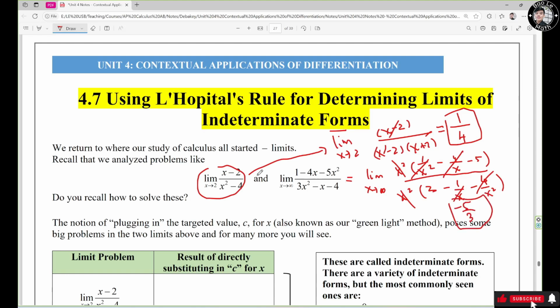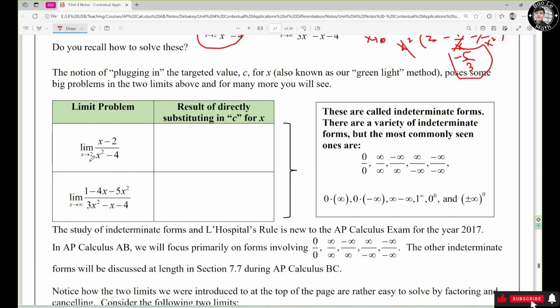So this is what you learned in chapter 1, right? When you substitute 2 for s, the top becomes 0, the bottom becomes 0. Or the second one, when s approaches infinity, the top approaches negative infinity, the bottom approaches positive infinity. These are called indeterminate forms.